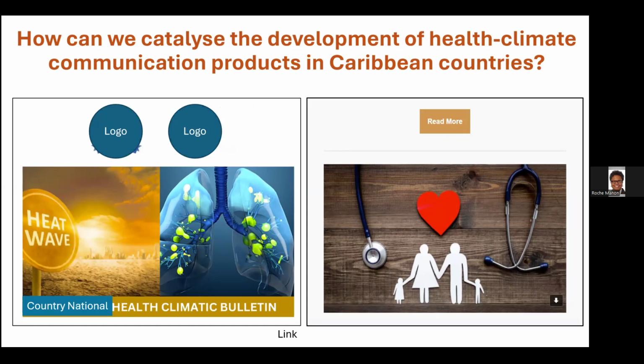And I sincerely believe that that is the heart of the agenda going forward. It's answering this question: how can we catalyze the co-development of health climate communication products in Caribbean countries by having, for instance, the ministries of health and the Met service personnel at the national level working together to co-produce that type of information?